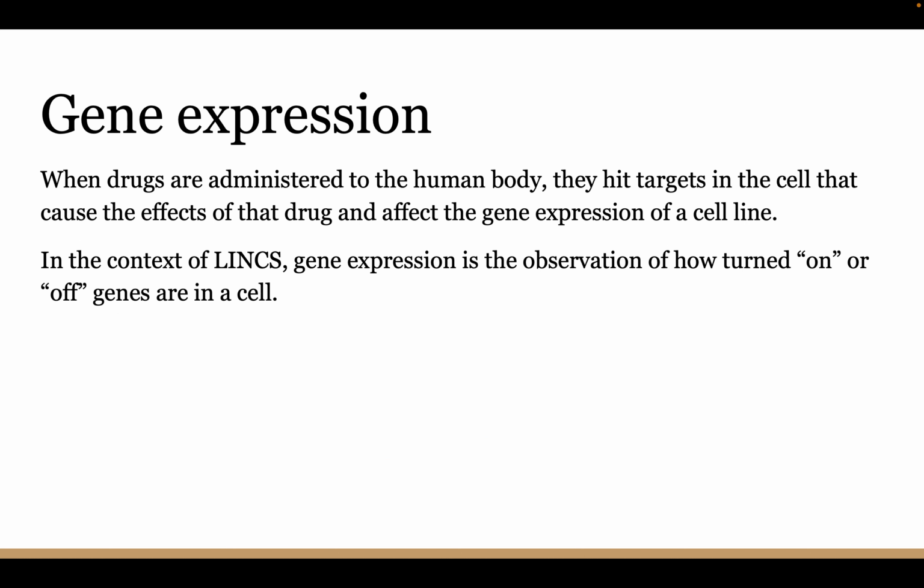So now I'm going to talk about what gene expression is. When drugs are administered to the human body, they hit targets in the cell that cause the effects of that drug. In the context of LINCS, gene expression is the observation of how turned on or off genes are in a cell, and we can demonstrate this with numerical values.